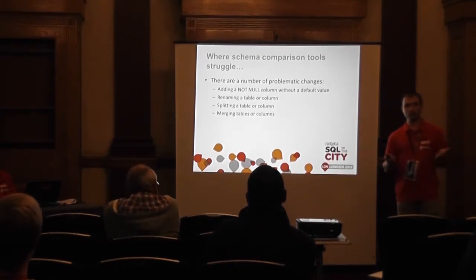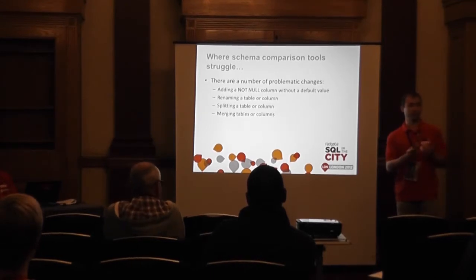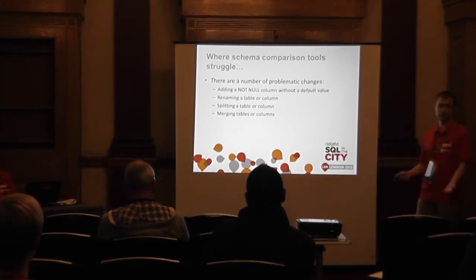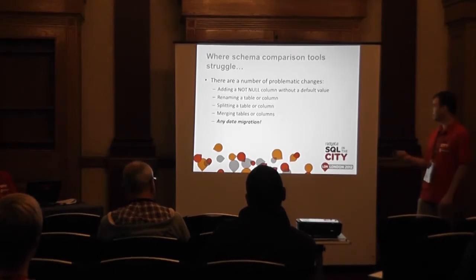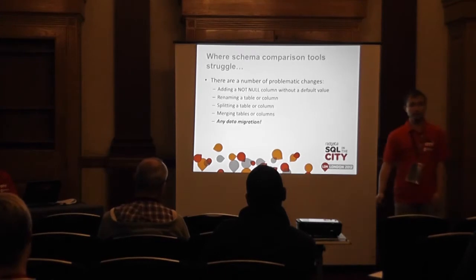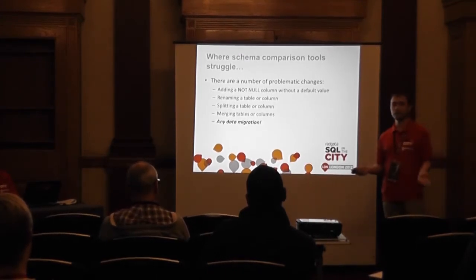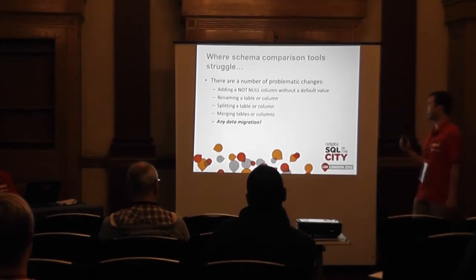SQL Compare doesn't know how to do that because you obviously have to put some logic in to say how to split the name up, where the delimiter is. It just doesn't have that information. So there's some logic that you've written to do it that SQL Compare doesn't have. And merging is the opposite of that. And of course, any data migration you do that has code that you've written to do that data migration, SQL Compare doesn't have access to that information.